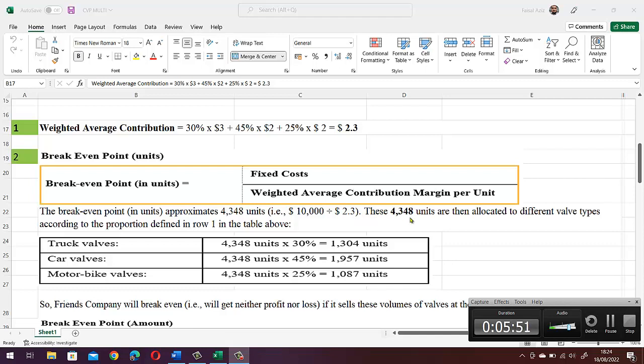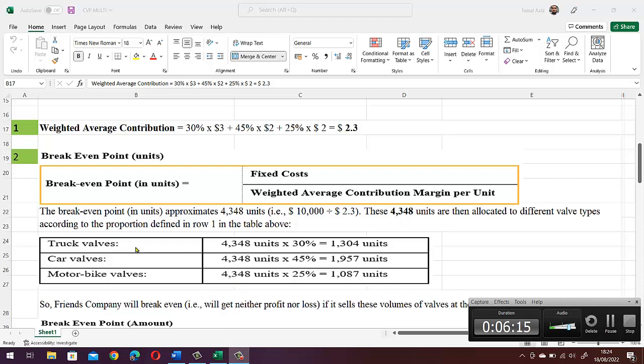So 4,348 units is our overall break-even. But since we are working in a multi-product environment, to calculate the individual units towards the break-even, we can multiply the result with the given weightages.